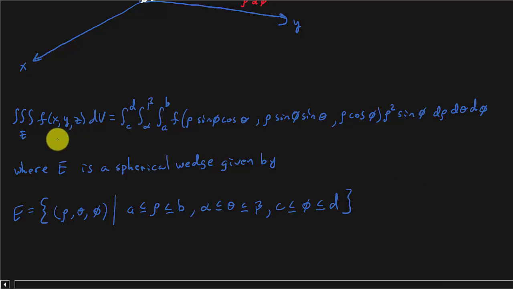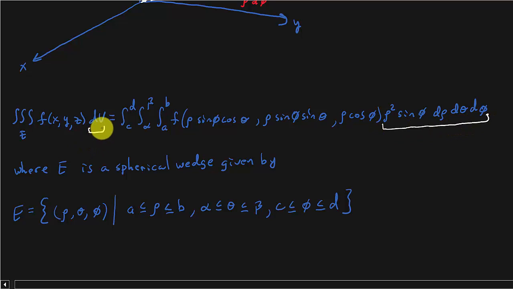We've got the triple integral over region E of f of x, y, z times dv, which is equal to the triple integral from c to d, alpha to beta, a to b of f of rho sine phi cosine theta, rho sine phi sine theta, rho cosine phi, times rho squared sine phi d rho d theta d phi, where E is a spherical wedge given by the points rho, theta, phi such that rho is between a and b, theta is between alpha and beta, and phi is between c and d.